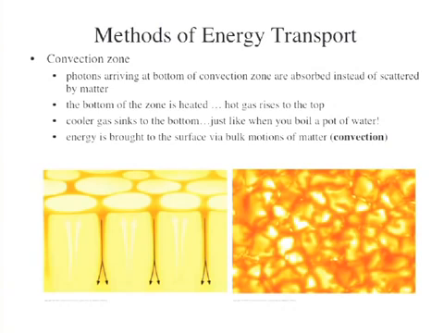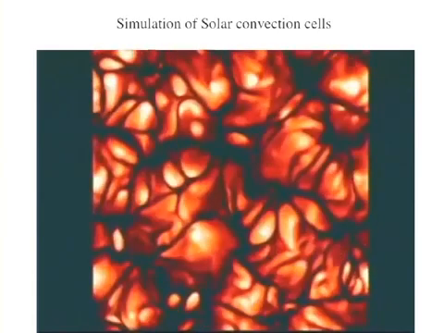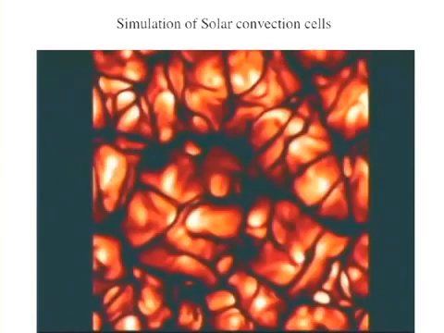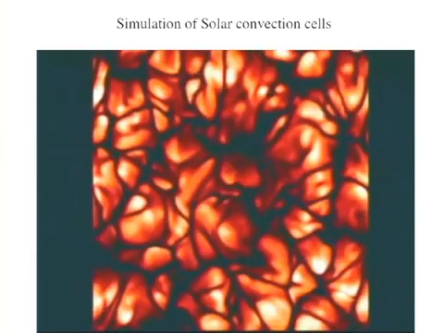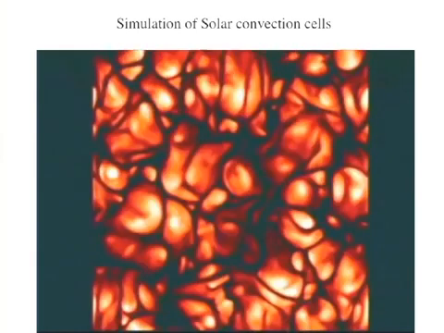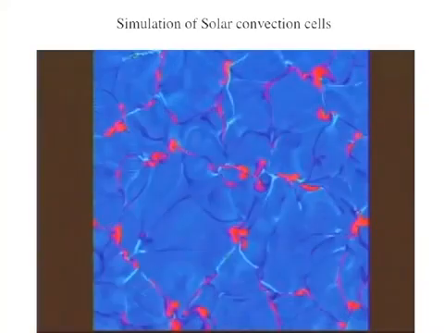Okay, now here is a beautiful simulation of the solar convection cell. So if you look at one spot, it's not fixed. These spots move. They're wandering around. Okay? And that is, let me do that again.